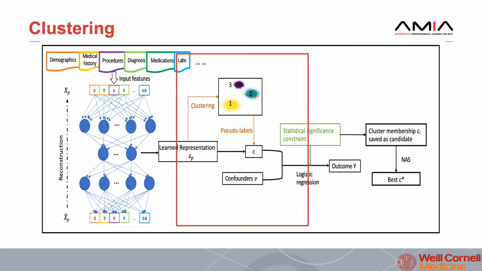And the last step of DICE performs a neural architecture search designed with an alternative grid search strategy over the number of clusters and representation dimension size to heuristically optimize outcome prediction.